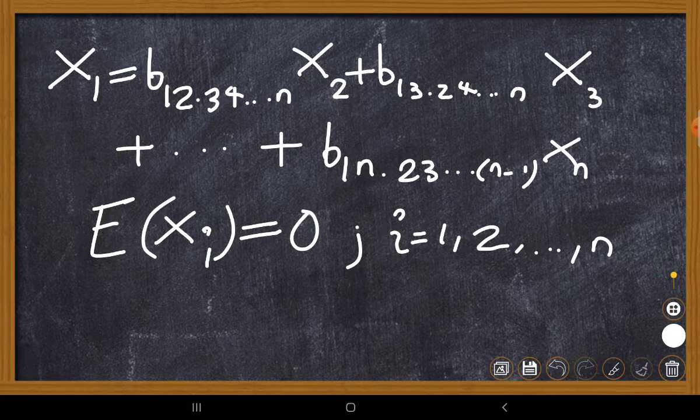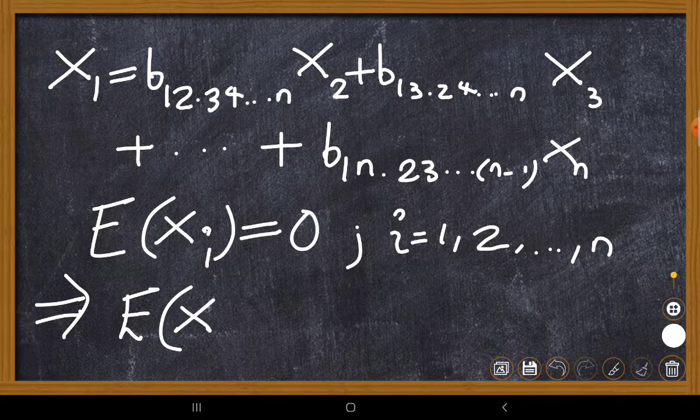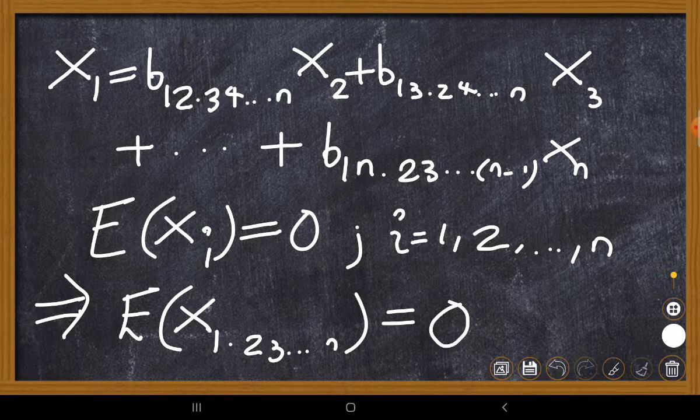So if these are all equal to 0, then even the expectation of the residual x1.23 up to n will be equal to 0. I hope this is clear.